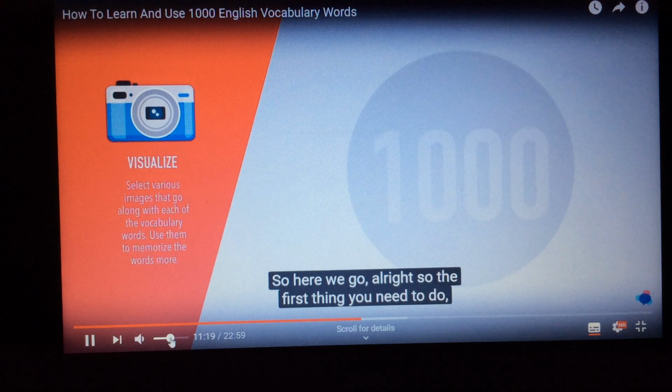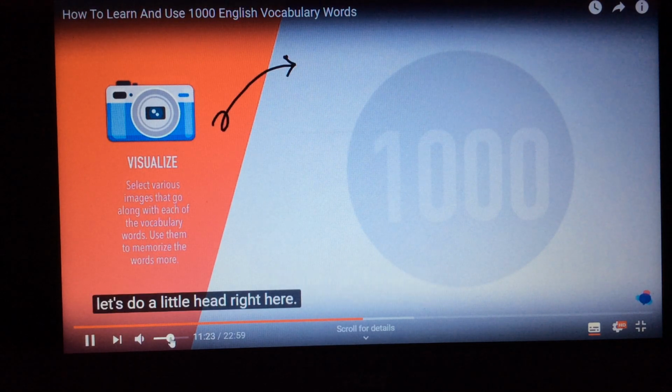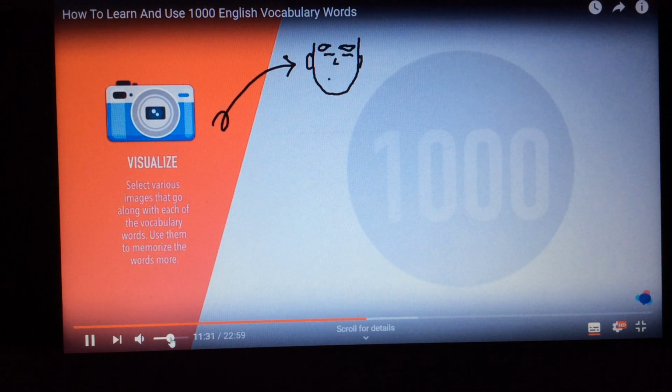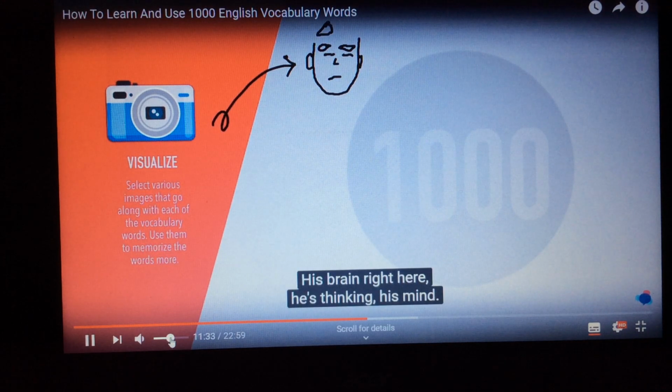So let's jump in. Again, selecting various images that go along with each of the vocabulary words. Use them to memorize the words more. So here we go. All right, so the first thing you need to do, let's do a little head right here. Okay, student with their eyes closed. Okay, brain right here. Think mind.